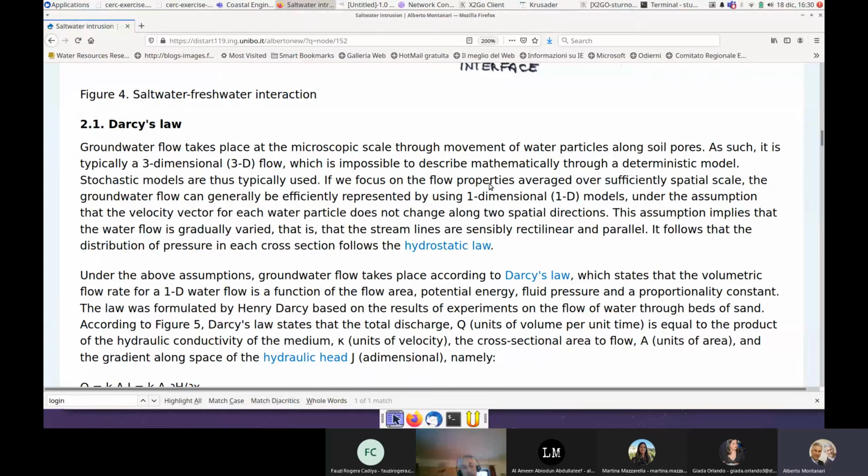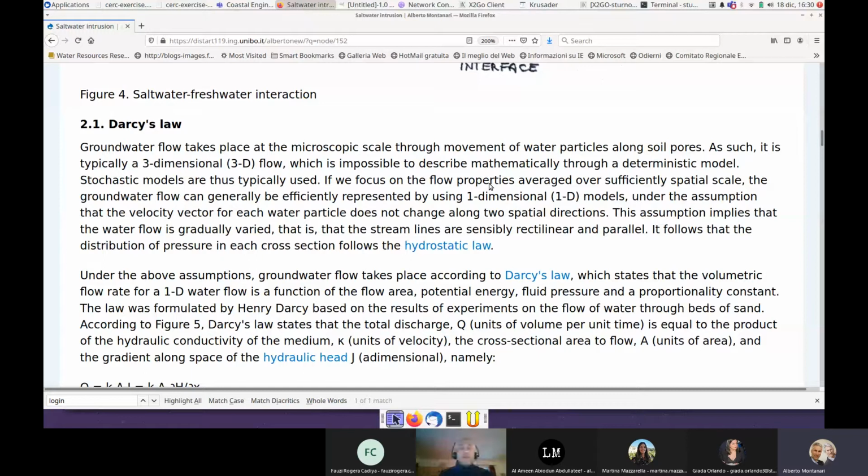So you neglect the change of velocity in the other 2 dimensions, and the component of the velocity in one dimension prevails.